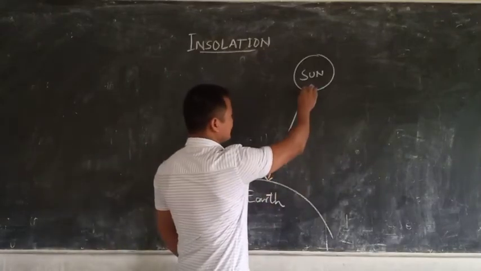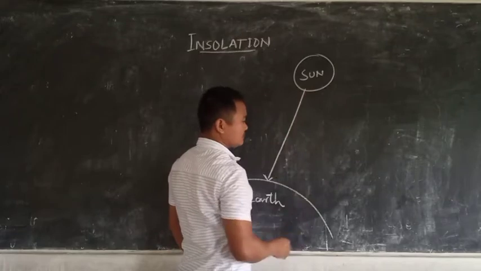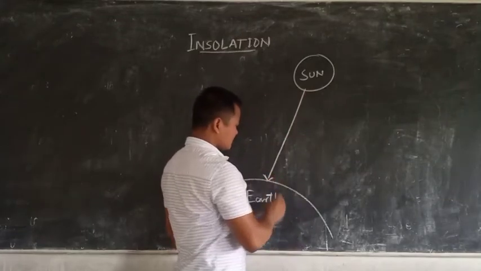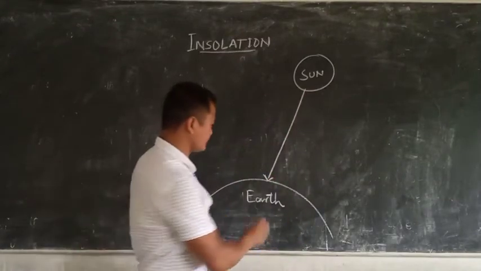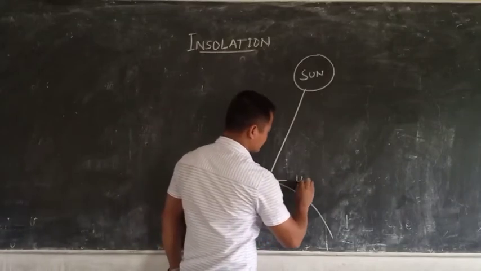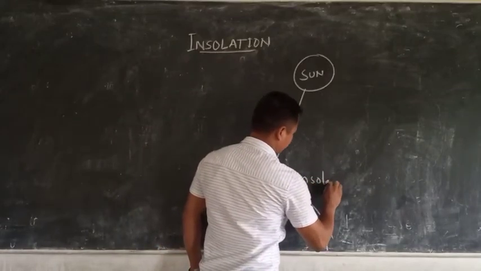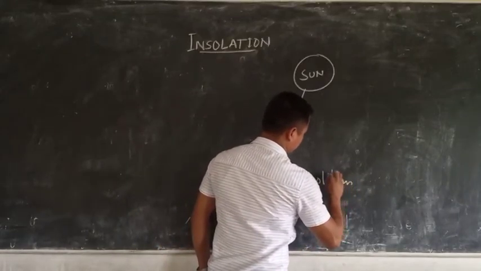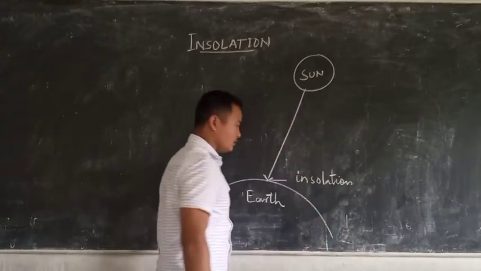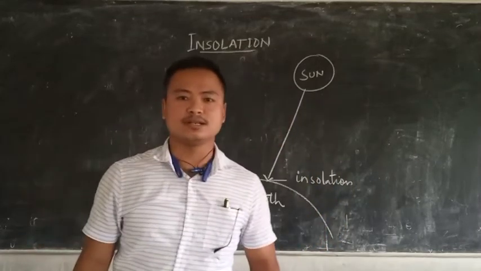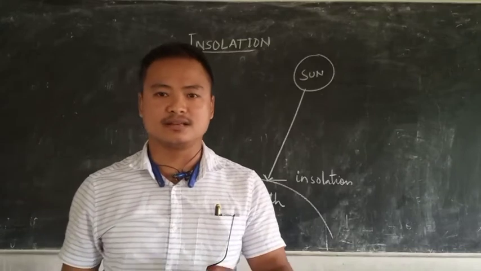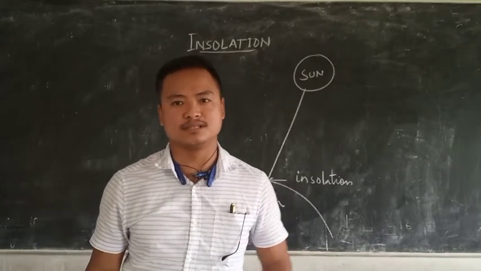Now the heat that comes out of the Sun, when it reaches the Earth's surface, that means when the Earth receives it, we call this insolation. In other words, we can say insolation is the heat energy received by the Earth from the Sun.